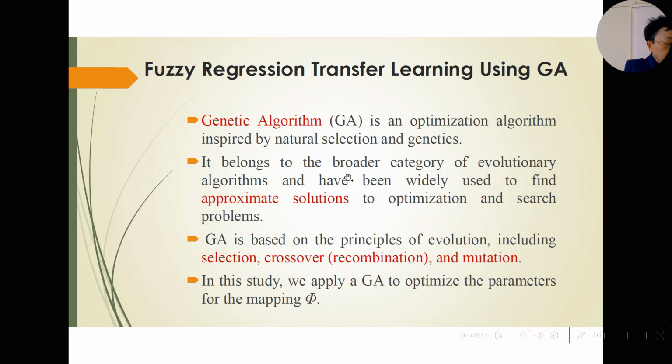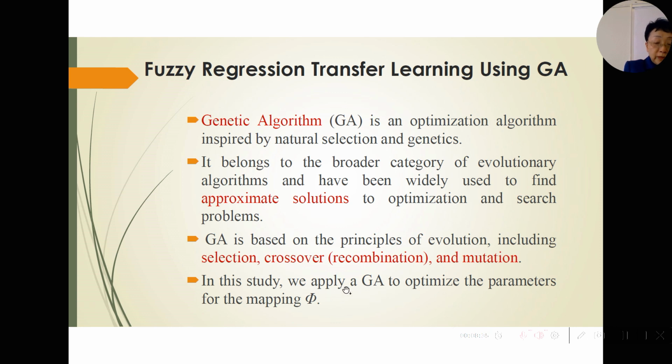Genetic algorithm is an optimization algorithm inspired by natural selection and genetics. It belongs to the broad category of evolutionary algorithms and has been widely used to find approximate solutions to optimization and search problems. GA is based on the principles of evolution, including selection, crossover, and mutation.